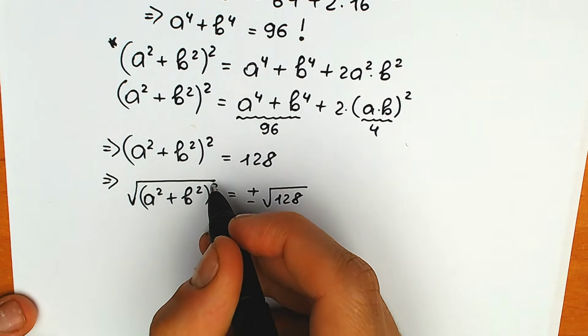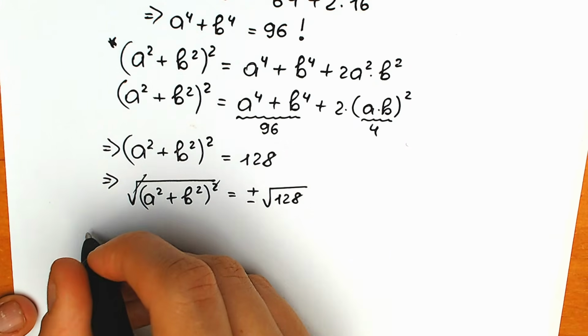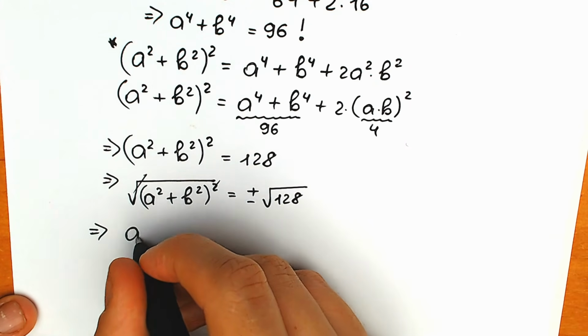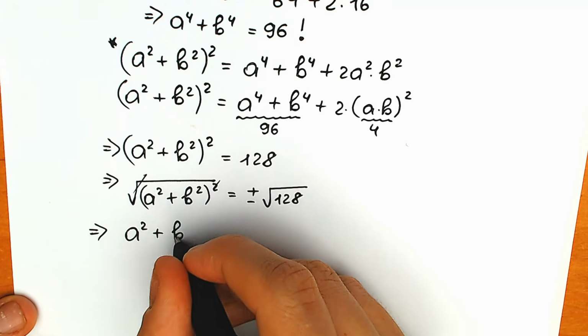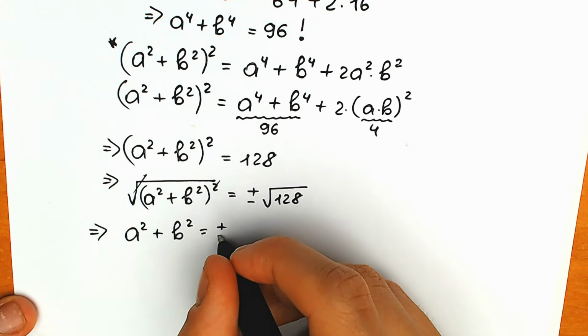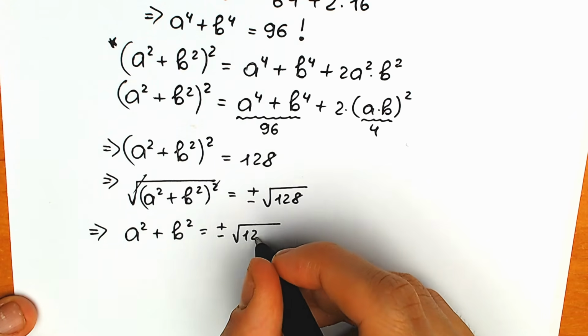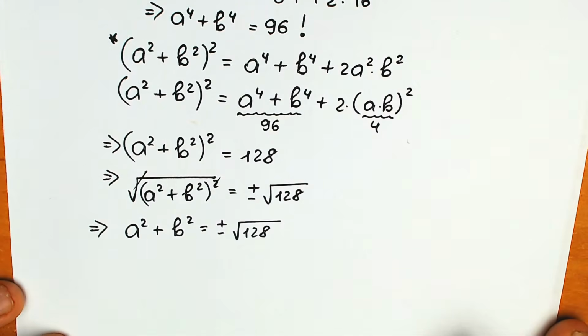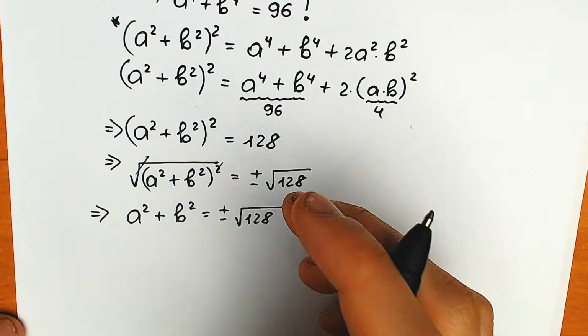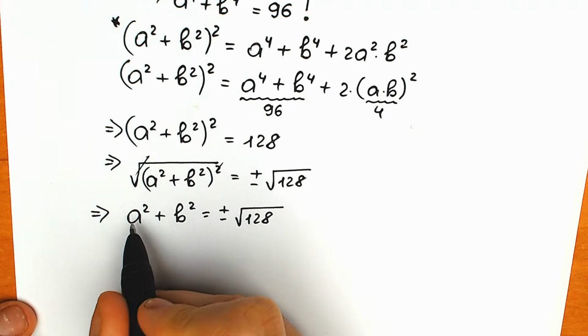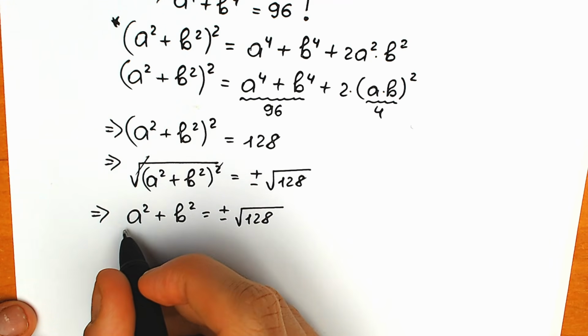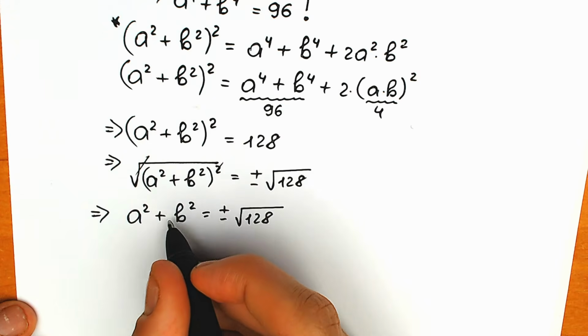Right here we can cancel these two and the square root sign. So as a result, we have a classic expression, a square plus b square equal to plus minus square root of 128. A few really important thoughts, because I really hope you understand that when we have a sum of two squares, a square is 100% positive, b square is positive.